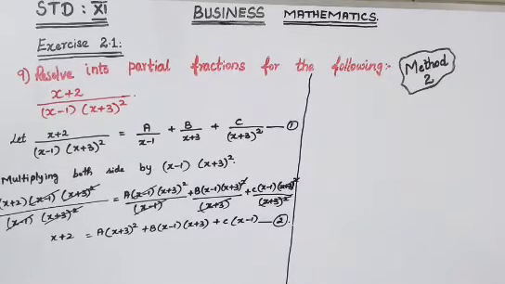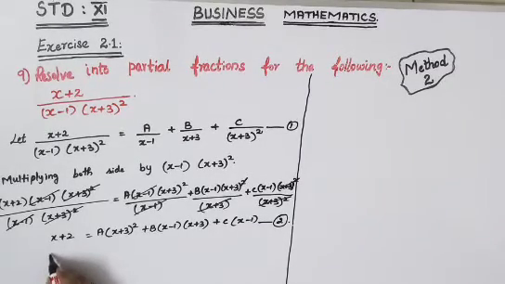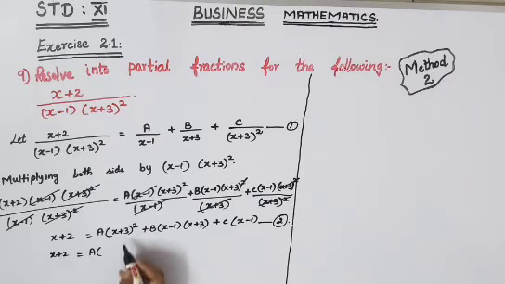So now solving, otherwise writing the expansion. So here x + 2 is equal to A into, this is (a + b) the whole square, so a square + 2ab + b square.